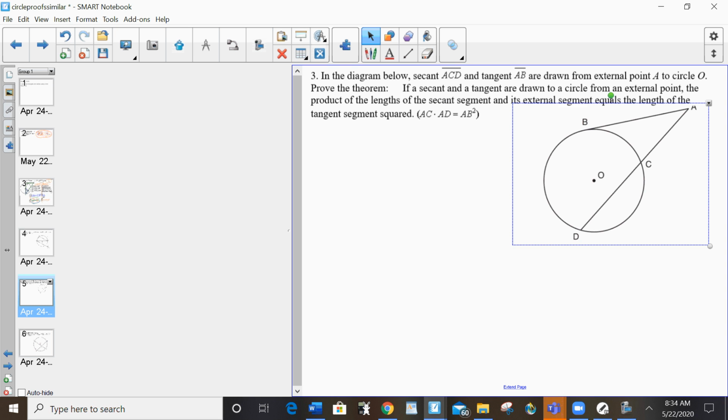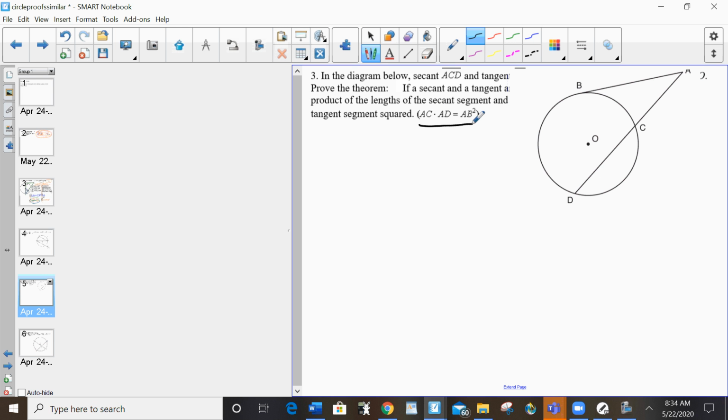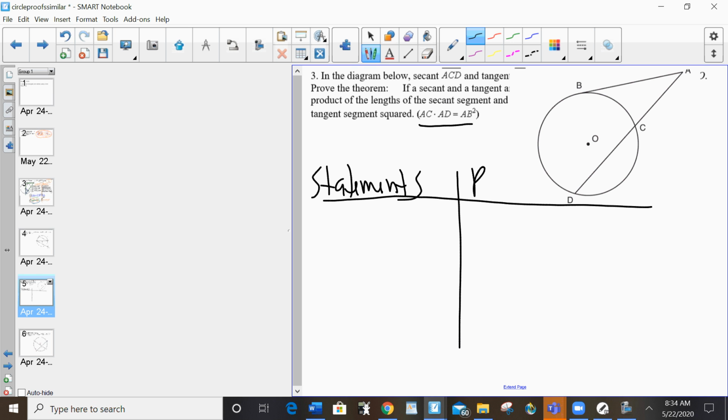So in order to save space, this is all nothing. It wants me to prove this. Statements. And this was definitely a hard question, don't get me wrong. It wants me to prove multiplication.